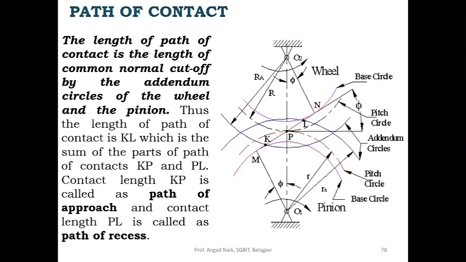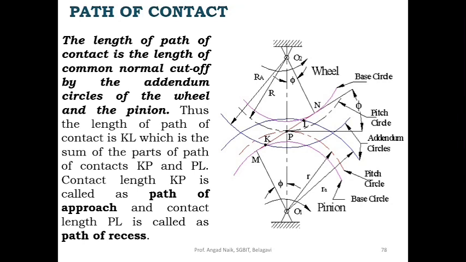Contact length KP is called the path of approach and contact length PL is called the path of recess. If you combine path of approach and path of recess, then we get path of contact.